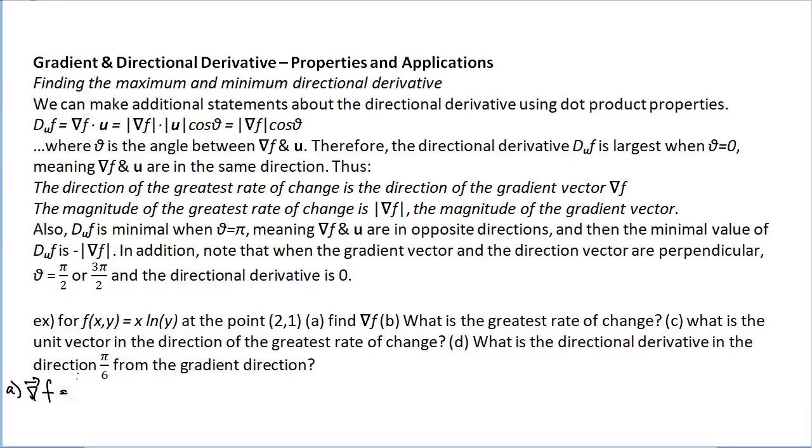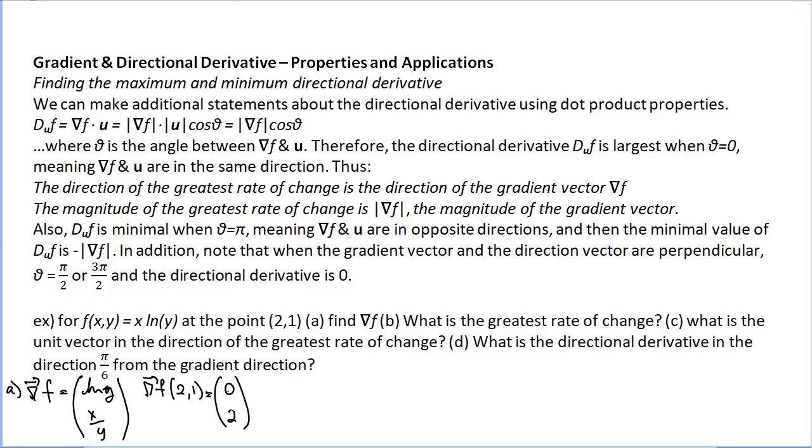Grad f equals, first we need df/dx, which is just ln y, then we need df/dy, which is x over y. And then let's look at grad f at our point. So grad f at the point (2, 1). Plug it in and you get <0, 2>.